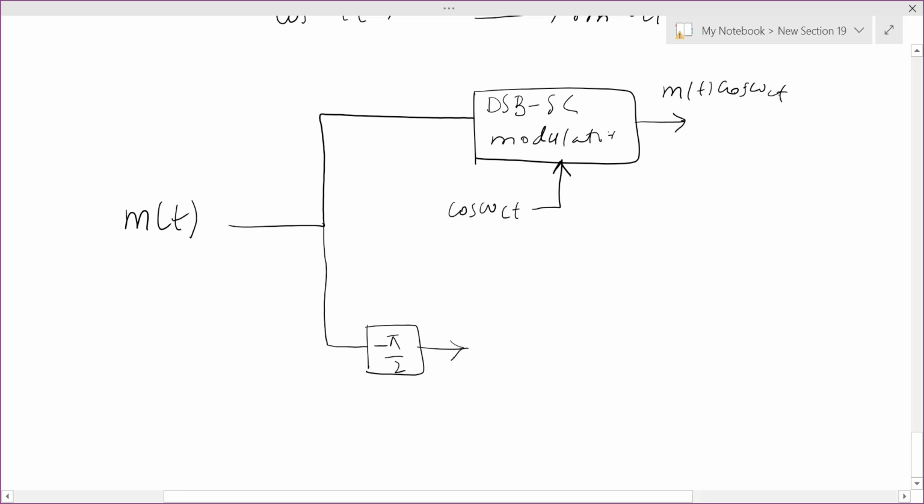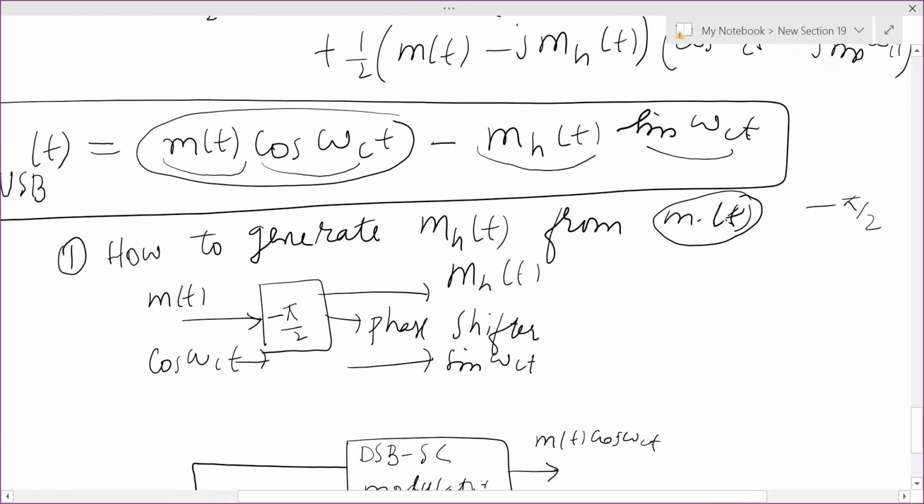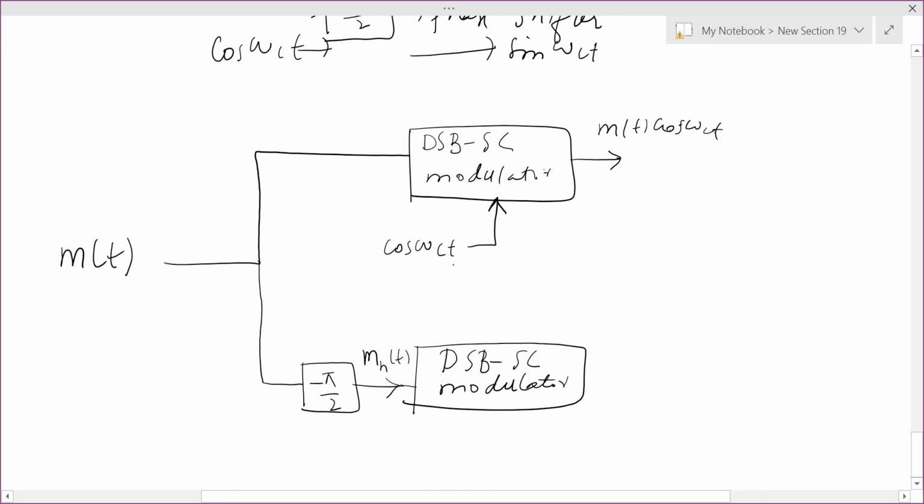Now you get here mh of t, and you need to multiply. Now you again need a DSBSC modulator here. See, look in the second part. Second part is also DSBSC signal, but instead of m of t there is mh of t. Instead of cos there is sine. Now to get sine from this cos, what will you do?